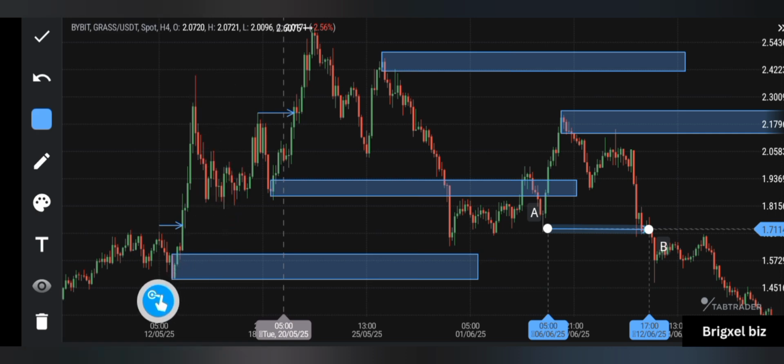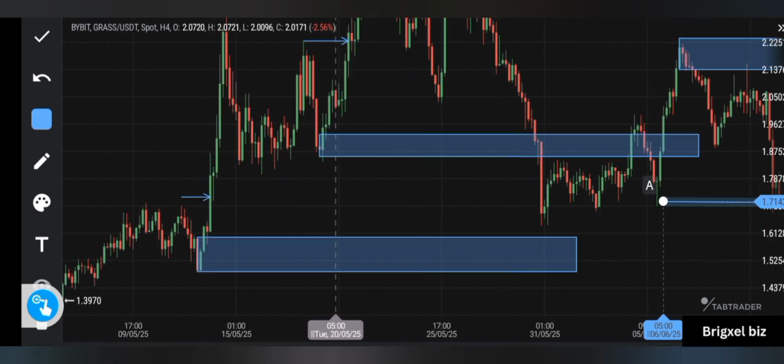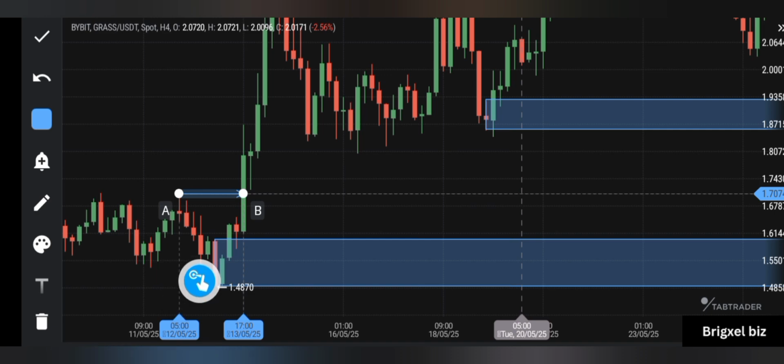The last red candle, I'm talking about this red candle here, before this bullish move to the upside. So after a swing low, the last red candle before the bullish move to the upside, that's where your order block is.